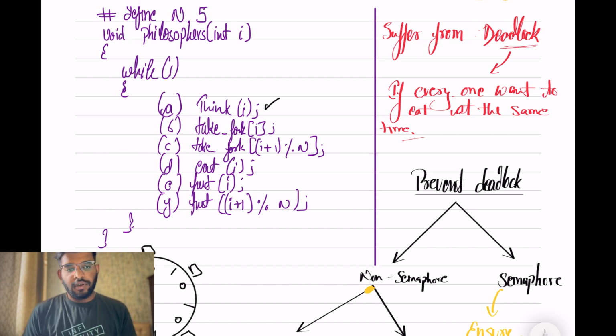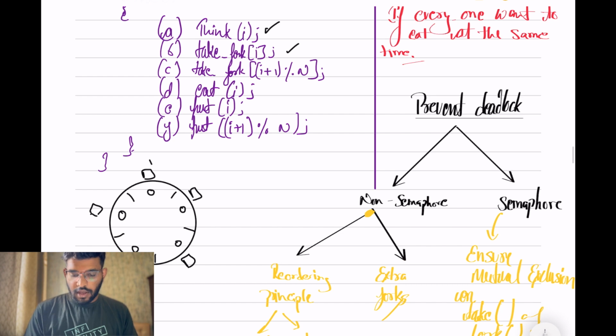This is fork one, fork two, fork three, fork four, fork five. Everyone has a fork to their left, which means there are only five forks, and they either eat or think.